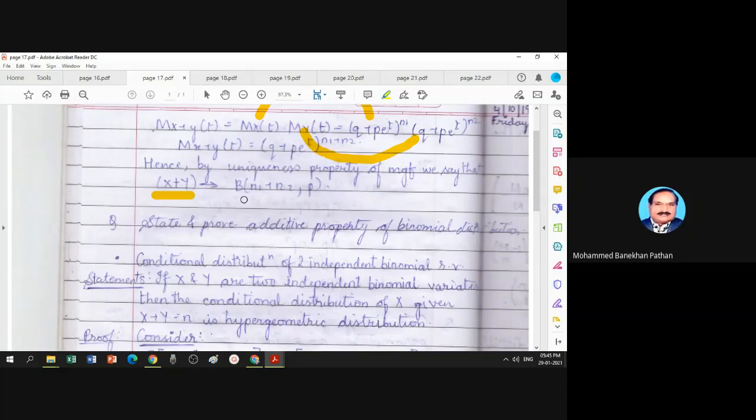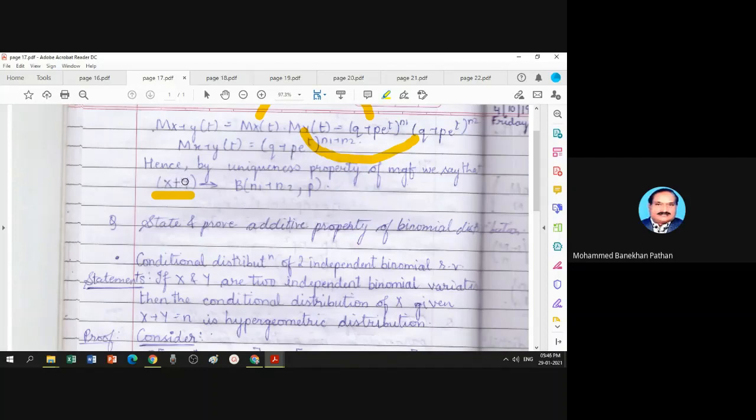That means a binomial random variable X begins from 0, 1, 2, 3, and so on. But if I take X minus Y, then X minus Y will not necessarily be always positive. Suppose X is 0 and Y is 1.